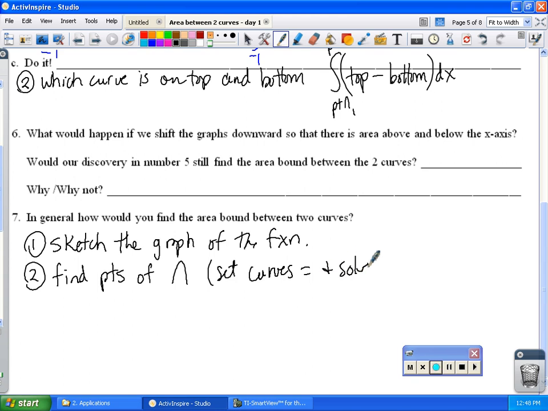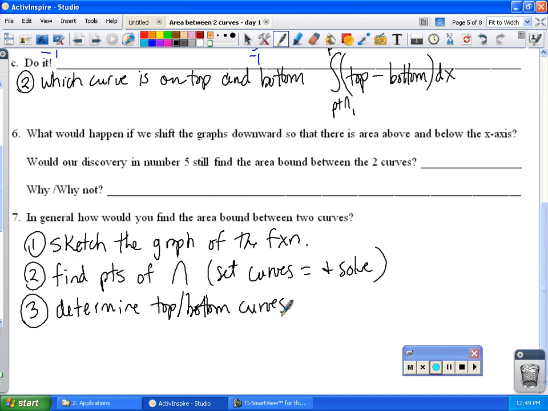And that's just a little bit of algebra. And then step number 3, determine top and bottom curves. Number 4, set up the integral and evaluate.